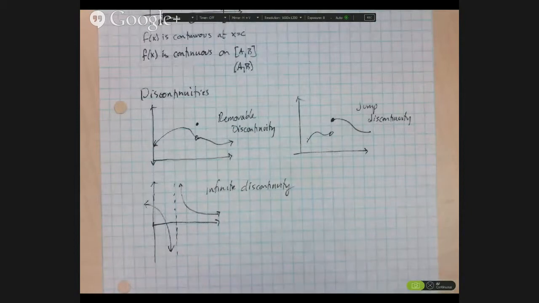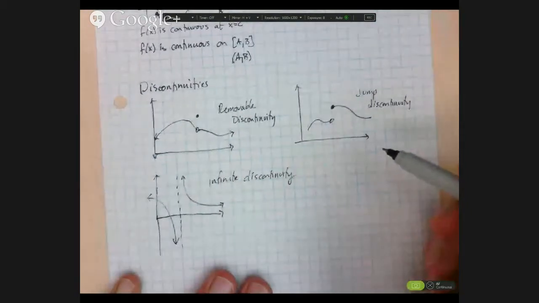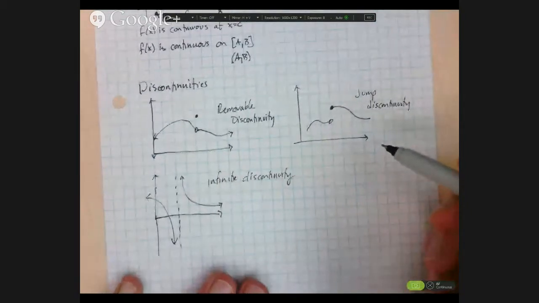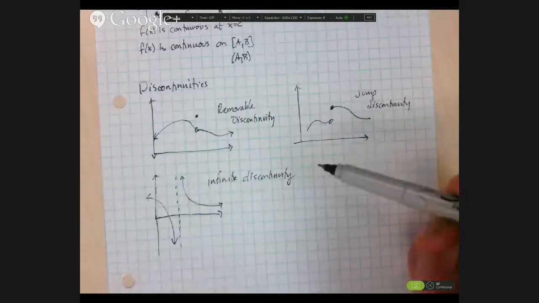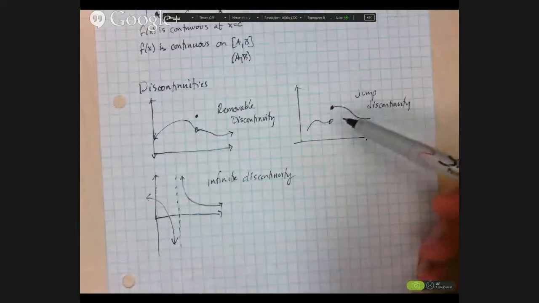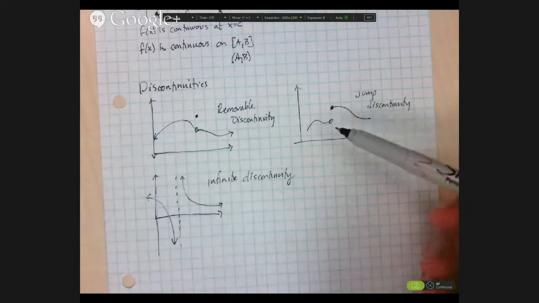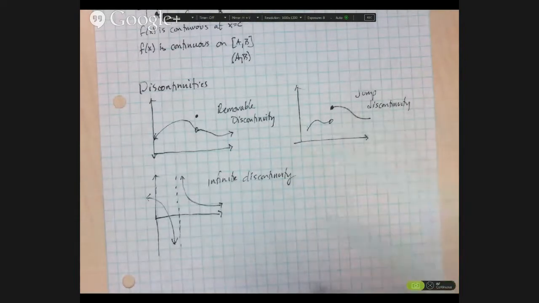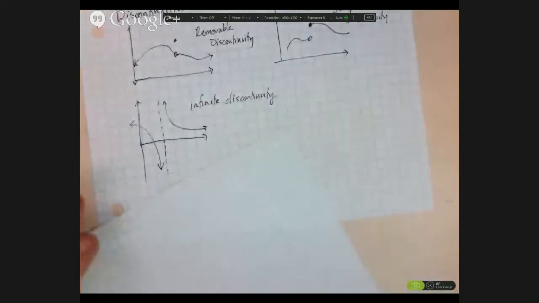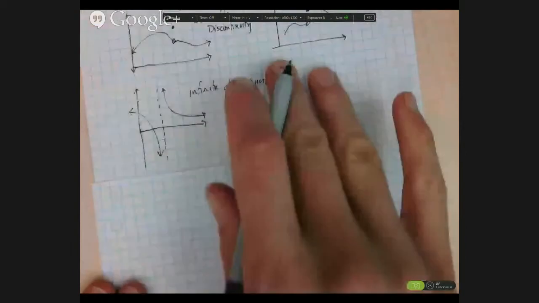We can have discontinuities from the left and from the right, and we'll tell you about that here in a minute, but I want to get the definition down on paper. It involves limits.